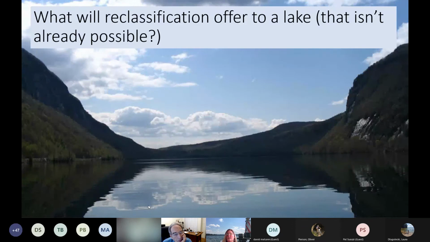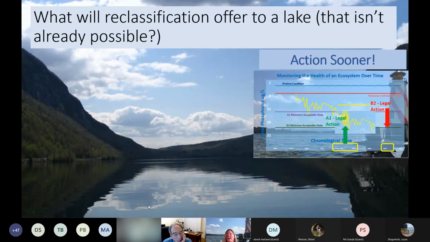What this does for our high quality oligotrophic lakes that is not already possible is that the primary benefit is that restoration can happen when and if the water quality drops below the minimum acceptable state for an A1 lake, which is currently 12 micrograms per liter, and we won't have to wait until it falls to the minimum acceptable state for our B2 waters, which is 18 micrograms per liter.